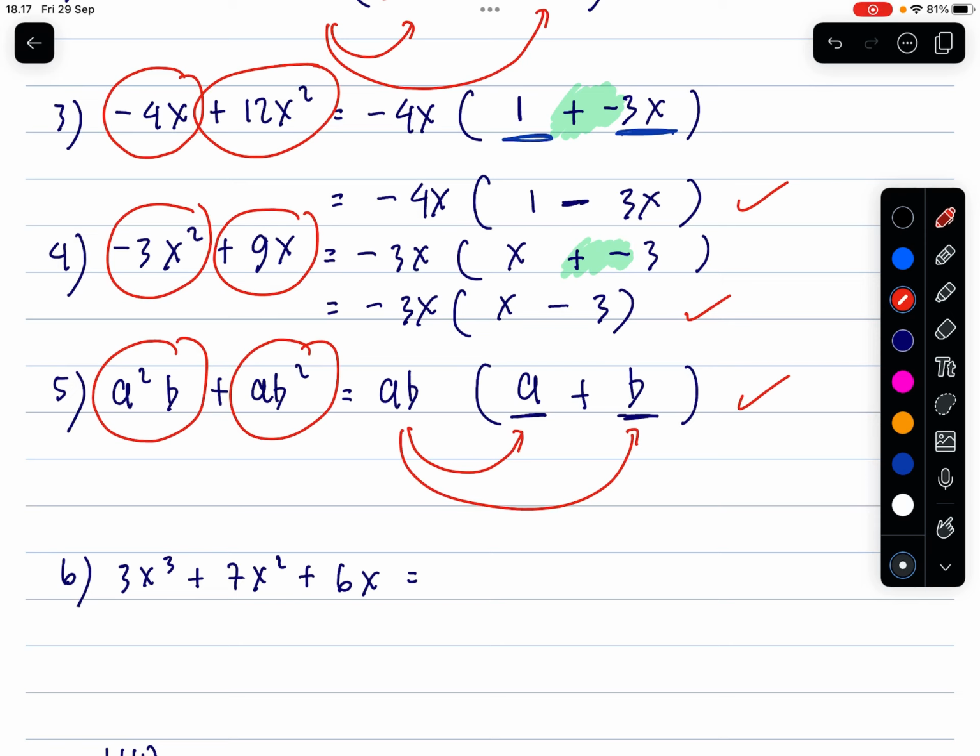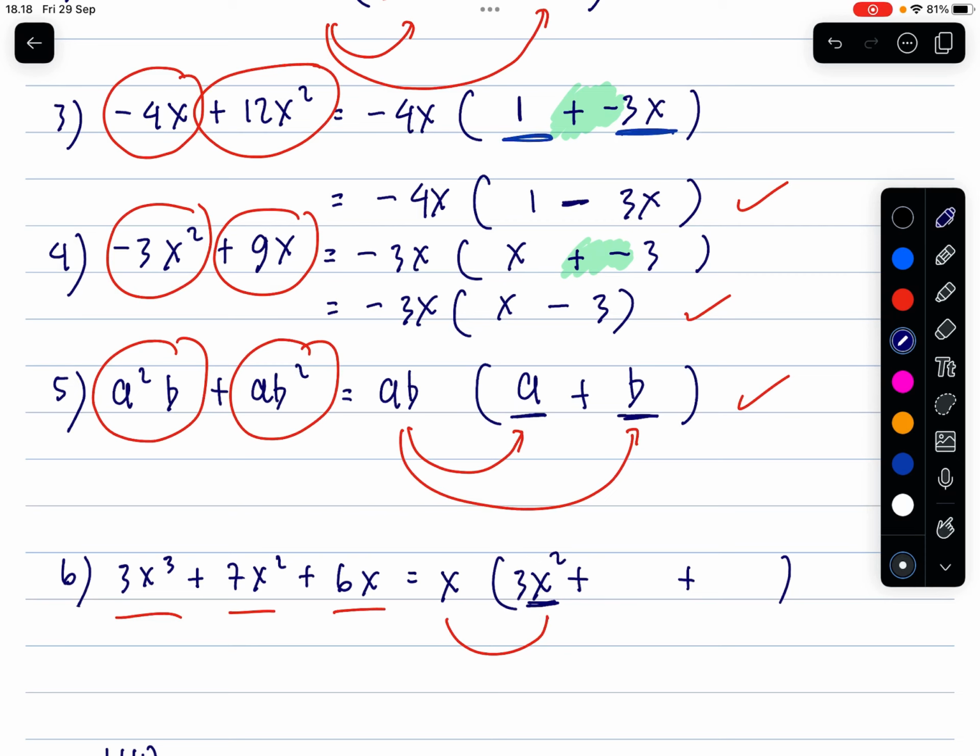If you see, number 6 has 3 terms. So we need to find the factors that fit all of those 3. If you see, they only have x as the common, so we're going to take out the common. X, out you go. I have a plus and a plus, so I need to fill in that one. X multiplied by what equals 3x cubed?